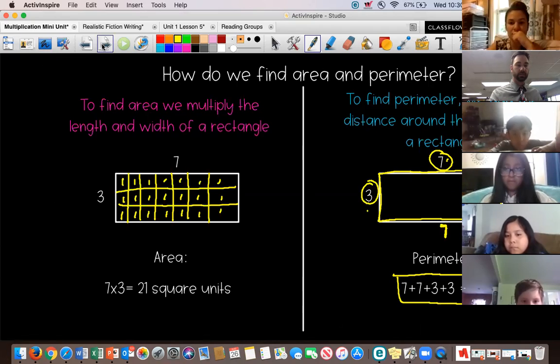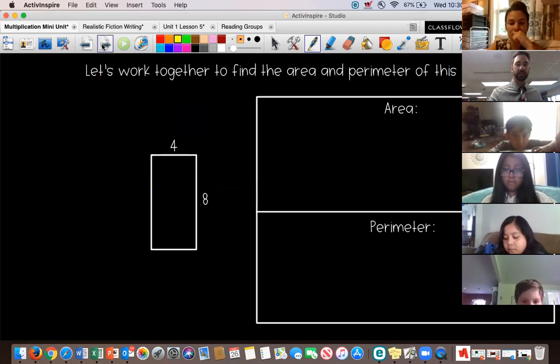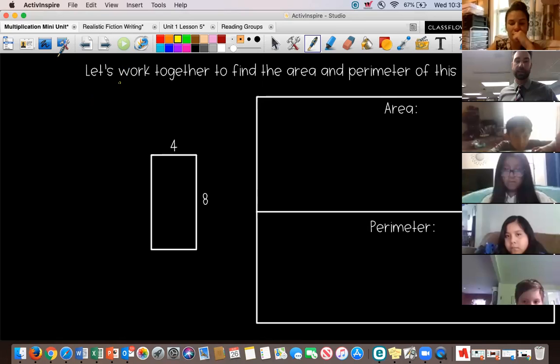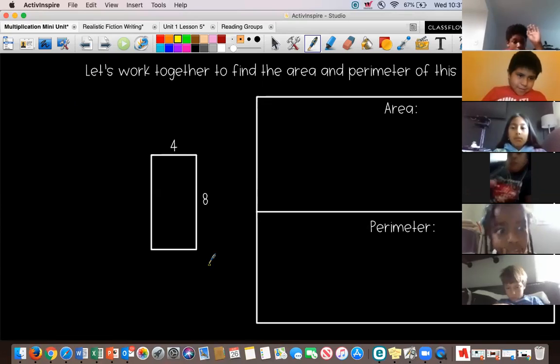Thank you. So then moving to the next slide, we're going to look at area and perimeter again. We're going to work together to find the area and perimeter of the rectangle we see here. Can somebody first tell me what we are going to do to find the area of the rectangle? The rectangle is 8 by 4.